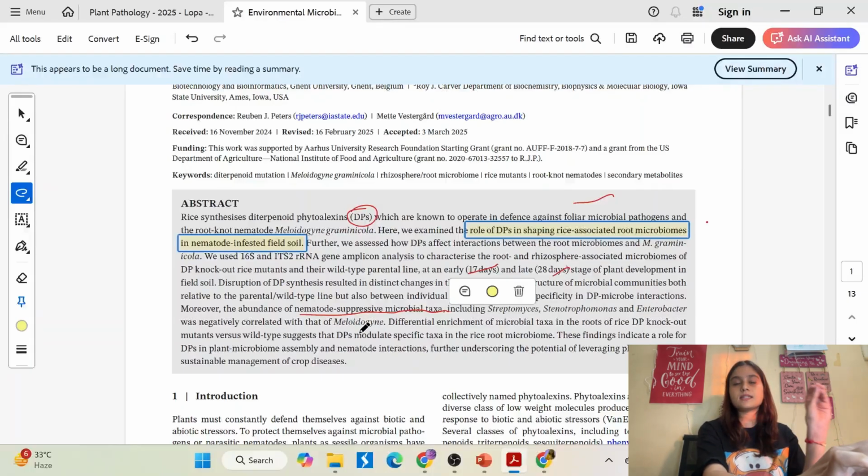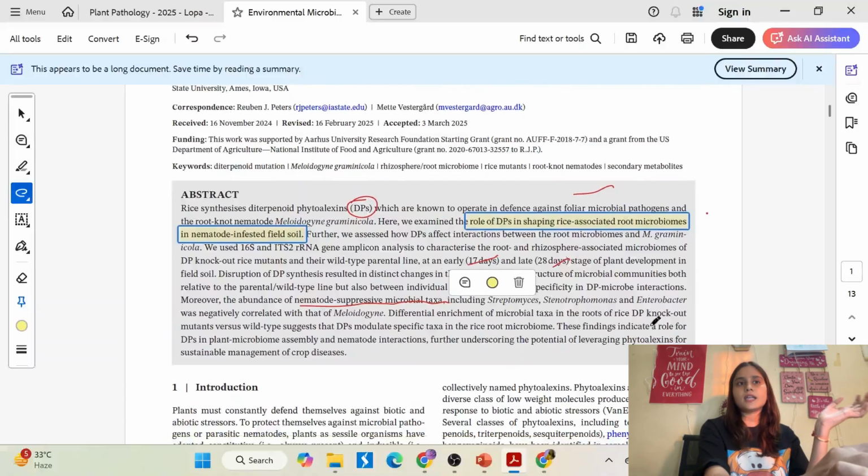Okay, they are simply stating that the wild type rice has several beneficial microflora which were able to suppress the root knot nematode. On the other hand, the knockout mutant was unable to synthesize the phytoalexin. Along with it, there was a deficit of such beneficial microbial taxa. Okay, so this is the major finding they have stated.